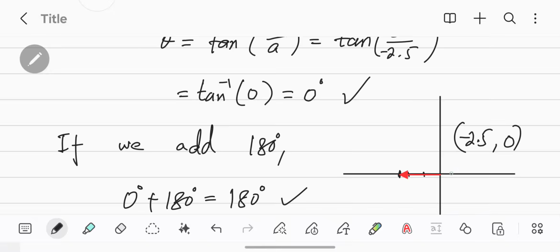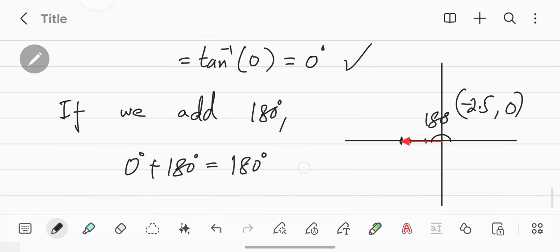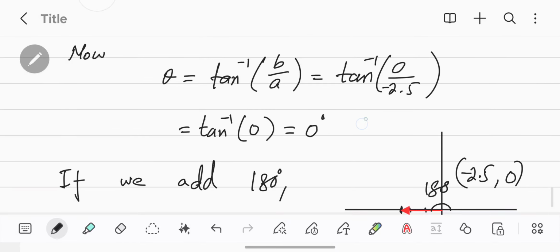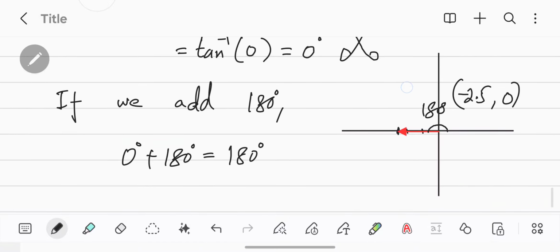But if I go from here to here, I cover 180 degrees, and then I can touch this vector. So our correct angle is 180 degrees, and that means the other one is wrong. This completely determines our complex number.